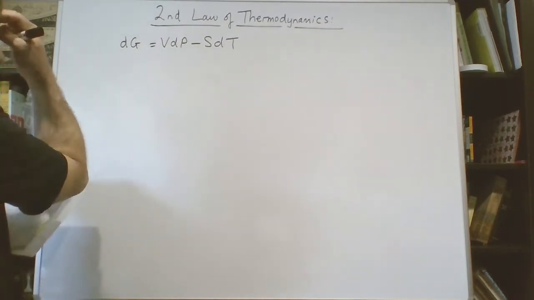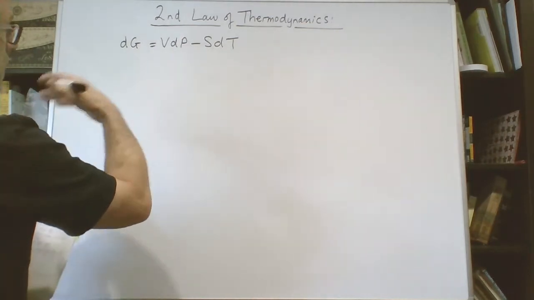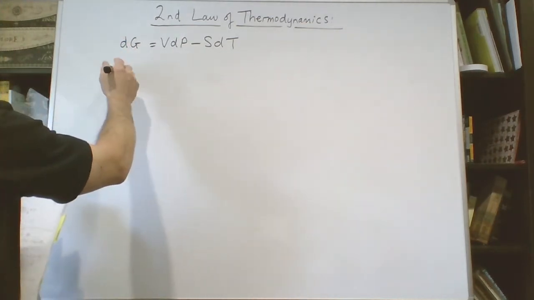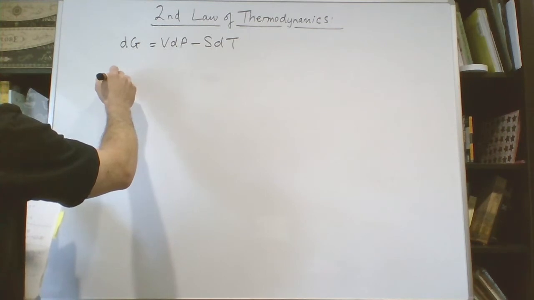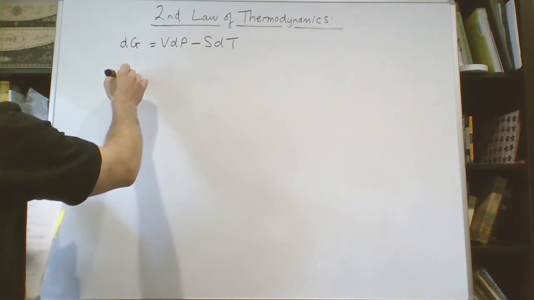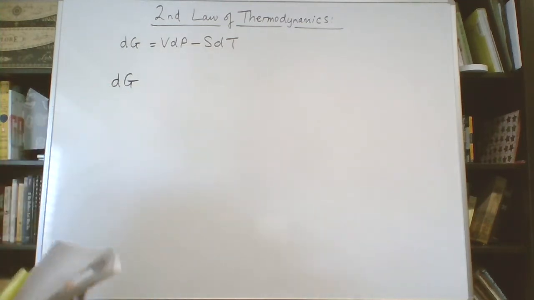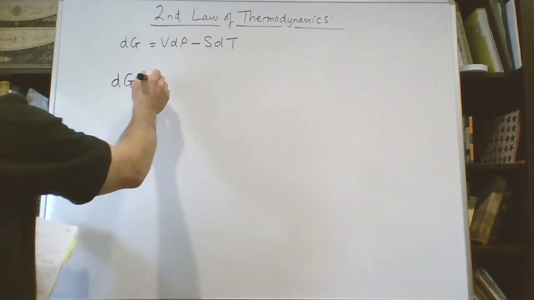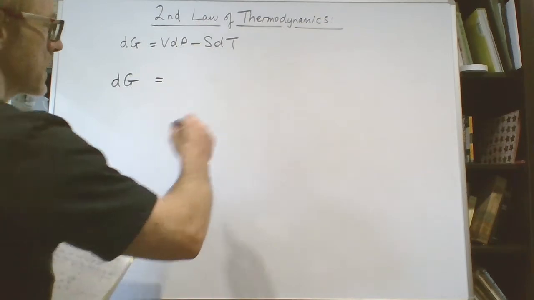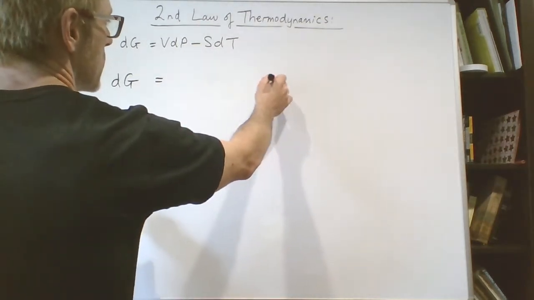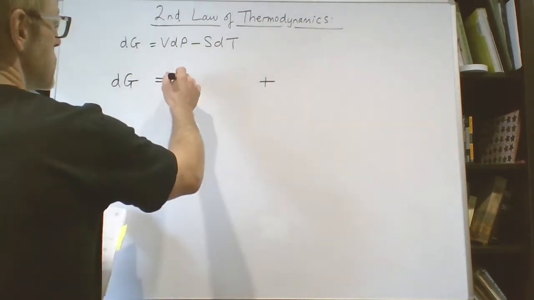So if we consider dG, we can say that the total change in Gibbs free energy, if we write this as an expression, is the sum of the partial changes in Gibbs free energy.